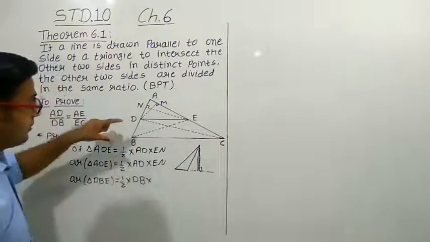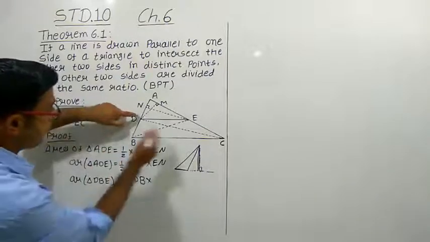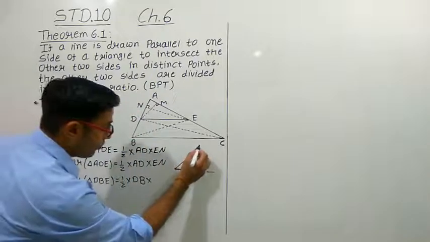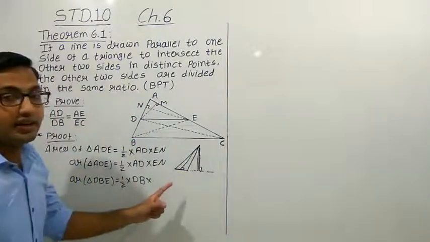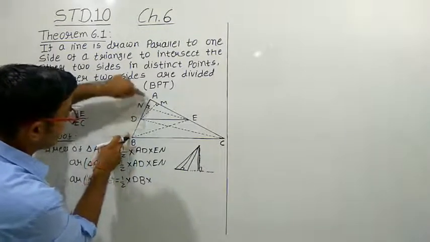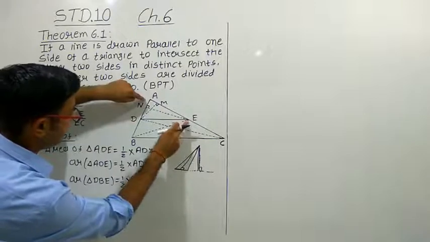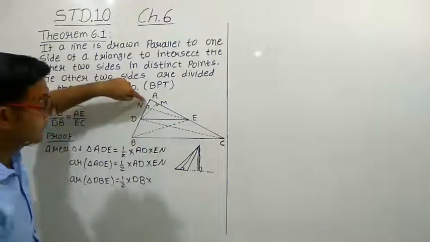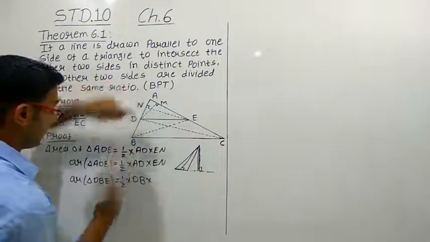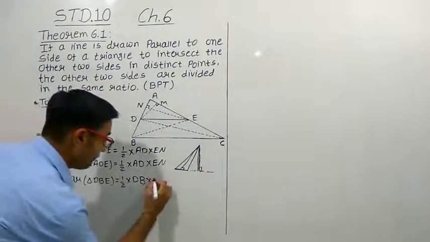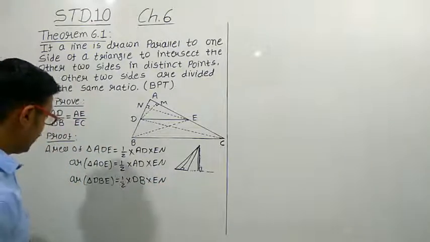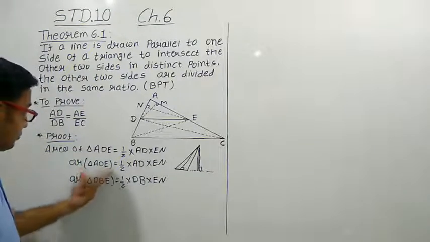In the same way, we cannot draw the altitude from E to DB, because it will not make a 90-degree angle. So we have to extend DB here, so that from E to N we can draw the altitude. So for triangle DBE, the altitude is EN. So 1/2 DB into EN. Understand?